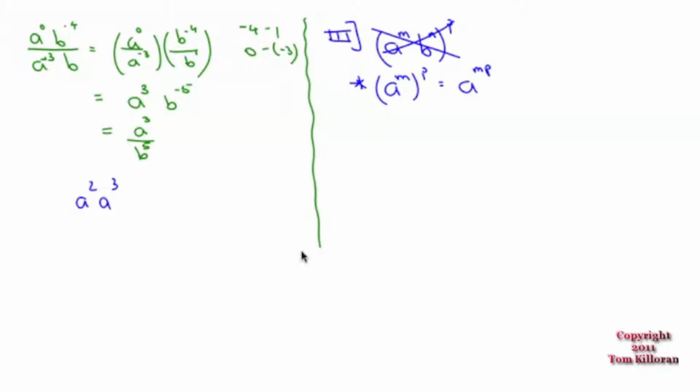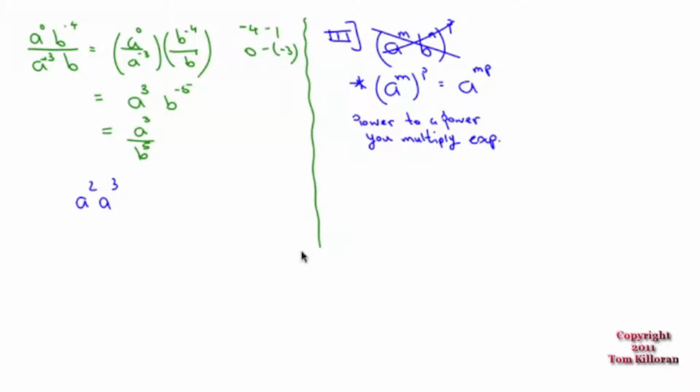And if it's not a power to a power, the only thing you can do to these exponents is add them. So this is the one you memorize so you don't screw up the one over here, the a squared times a cubed. So power to a power, you multiply those exponents.